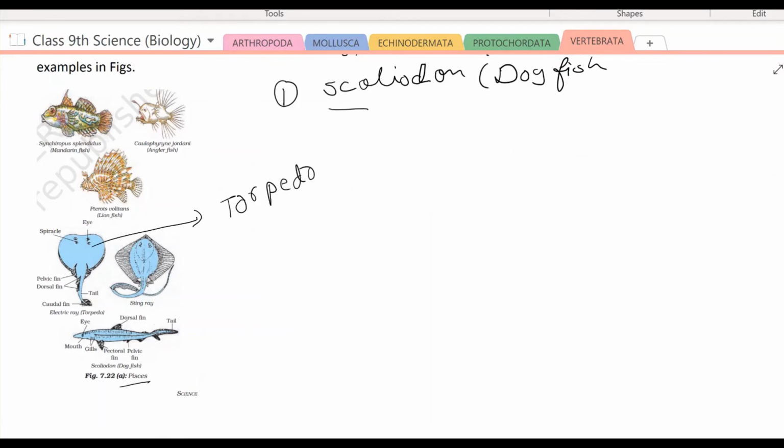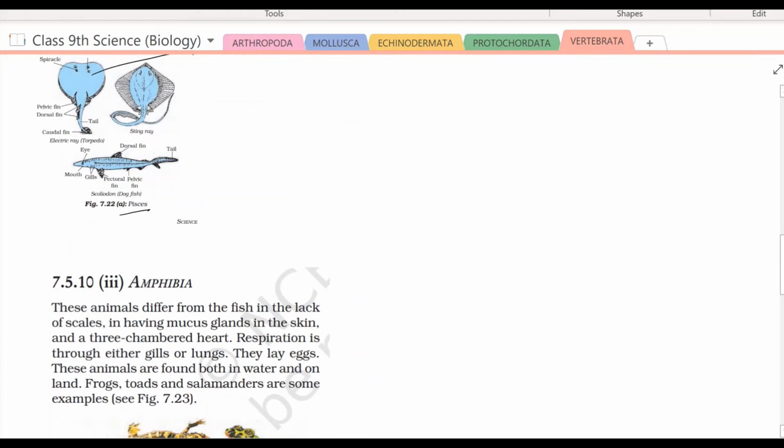Next one, class amphibians. Amphibians are a more complex, developed class. These animals differ from fish in lack of scales. How do they differ from species? Lack of scales.